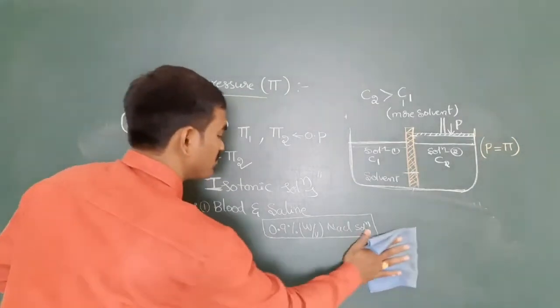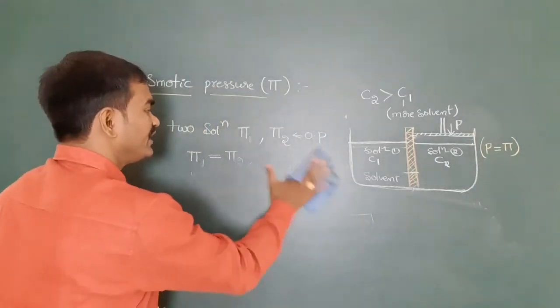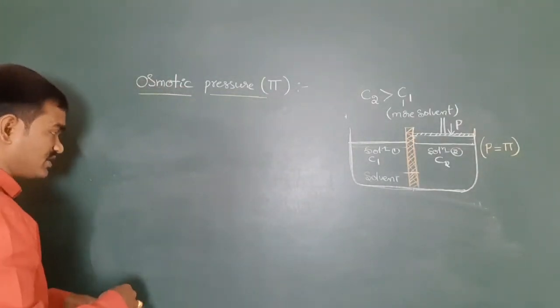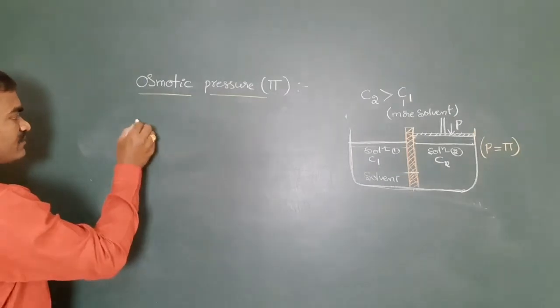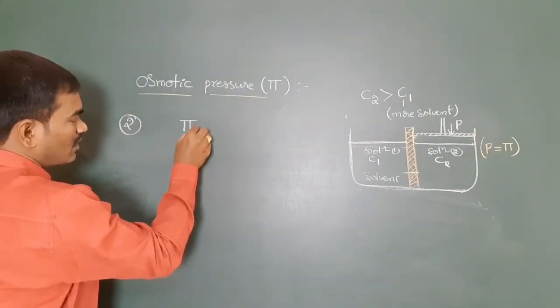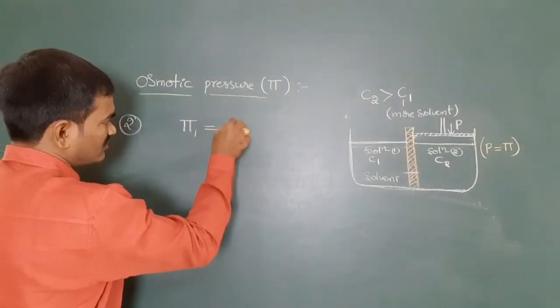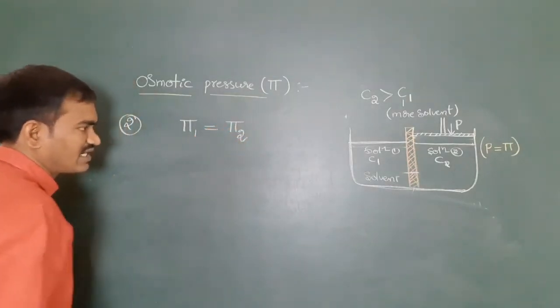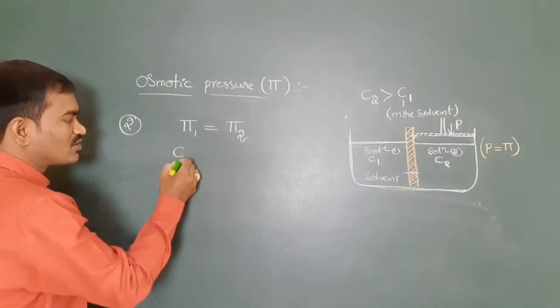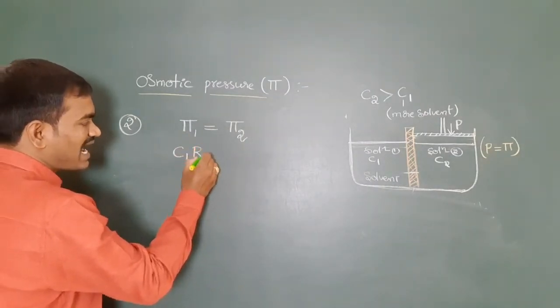After this point we need to have clarity on the formulas of isotonic solutions. If two solutions' osmotic pressures are equal, here you know very well, pi 1 is equal to C1RT.